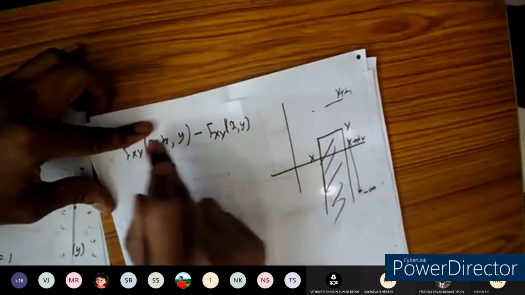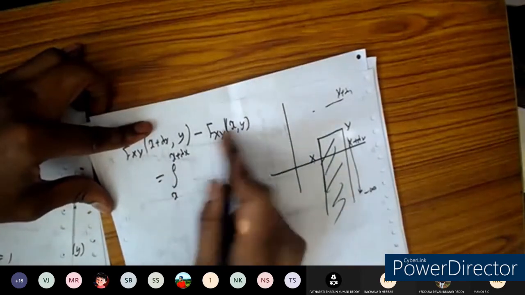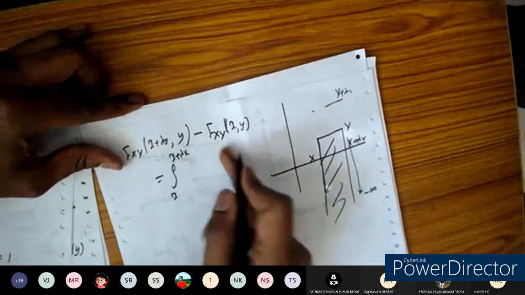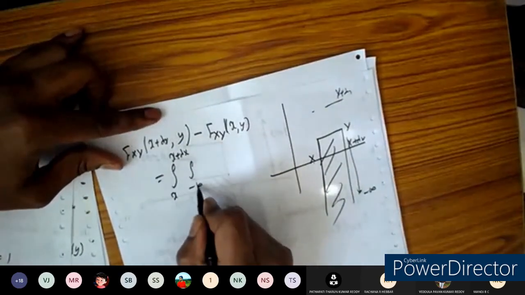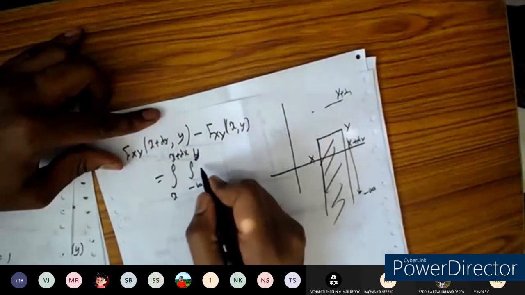It is from x to x plus dx. This is one of the properties of the PDF we have seen. And this is from minus infinity up to y, because y can take the value from minus infinity up to y.